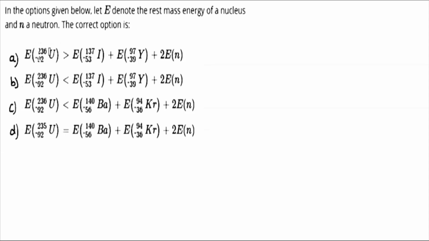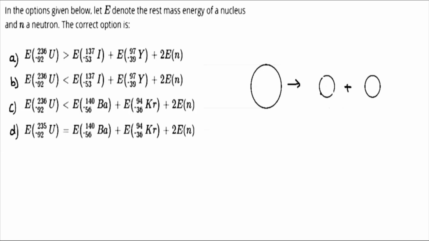Uranium is a heavy nucleus, and compared to uranium, these are smaller nuclei. So basically this is a fission process, because a heavier nucleus is breaking down into smaller nuclei. This is converted into this.